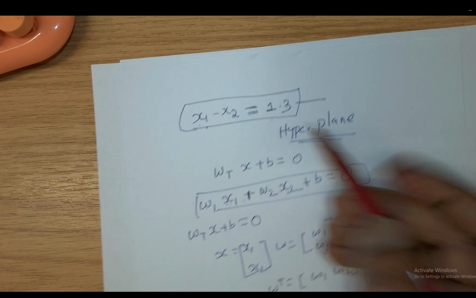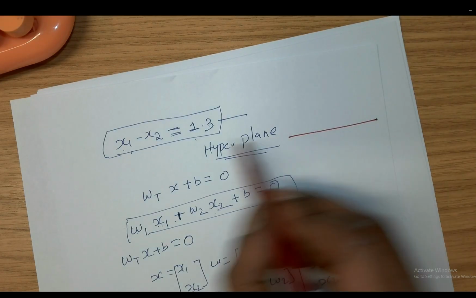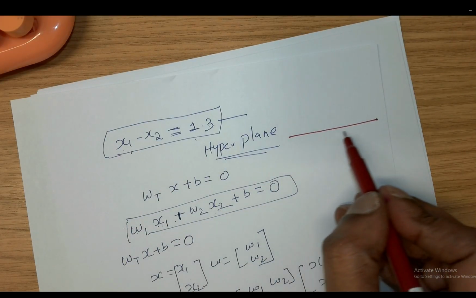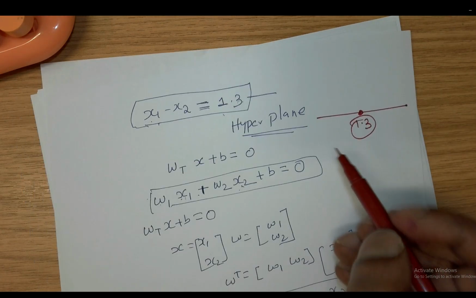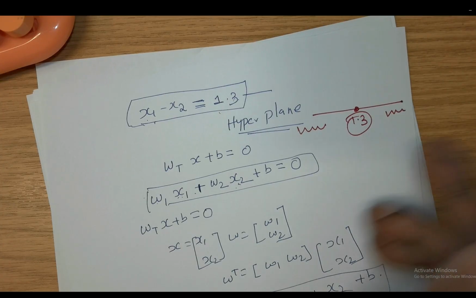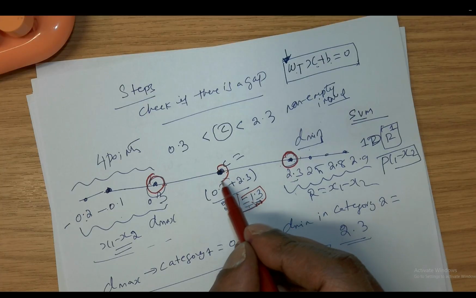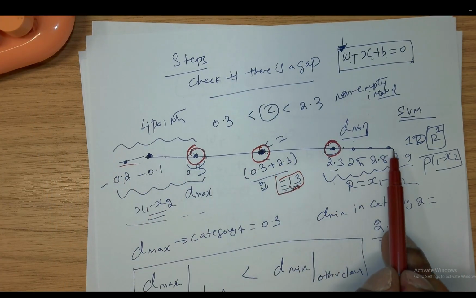So which is in a one-dimensional space, which is x1 minus x2, that's a one-dimensional space. This particular point 1.3, which is 0 dimensions, clearly separates category 1 from category 2. So this is the 0-dimensional hyperplane that separates category 1 from category 2.